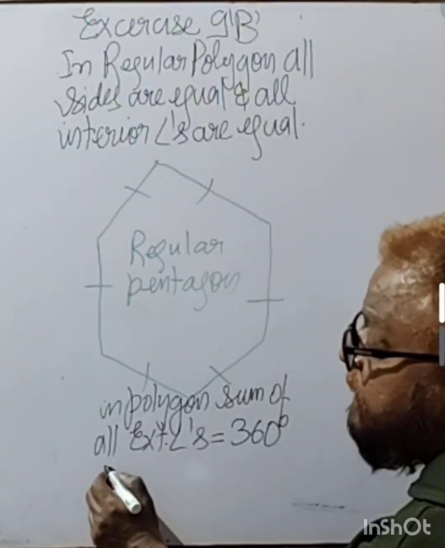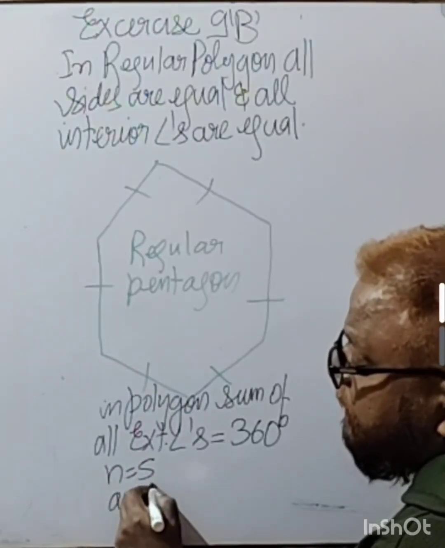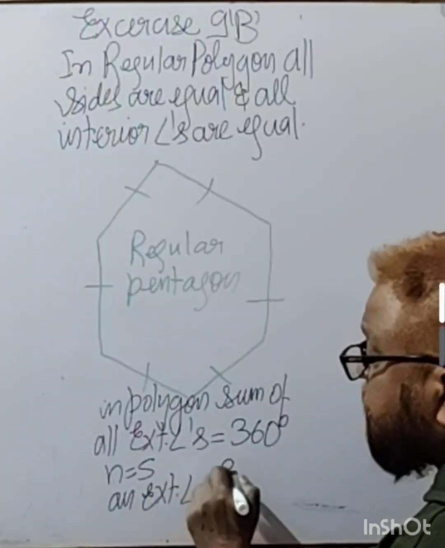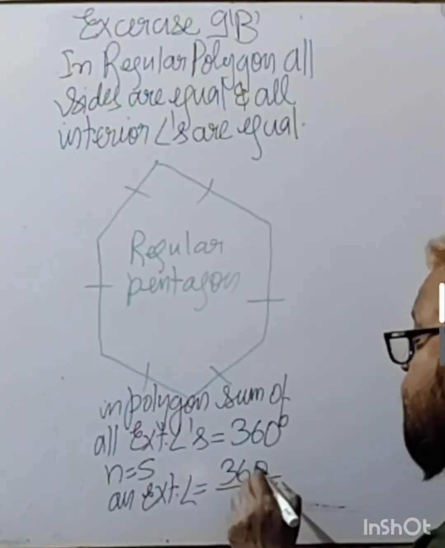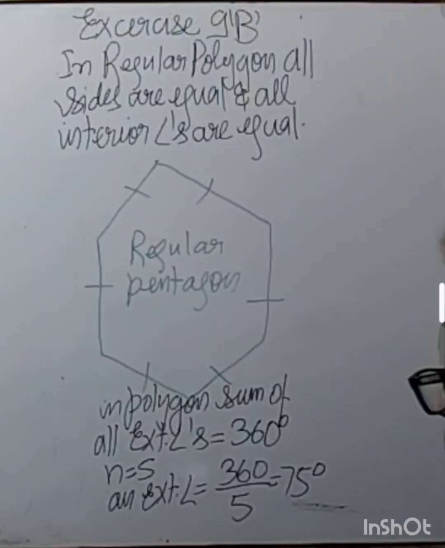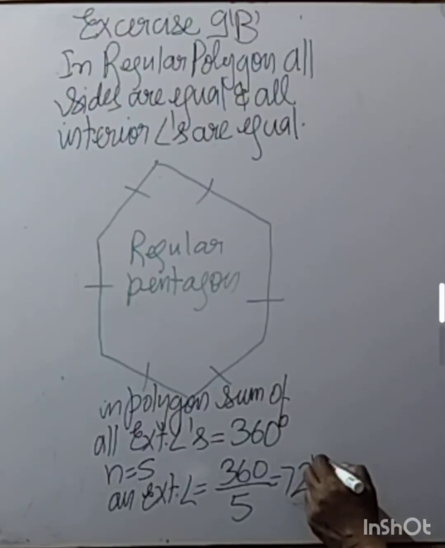And as n is equal to 5, an exterior angle is equal to 360 divided by 5. 7 times 5 becomes 35 and 2 times 5 becomes 10. 72 degrees, right?